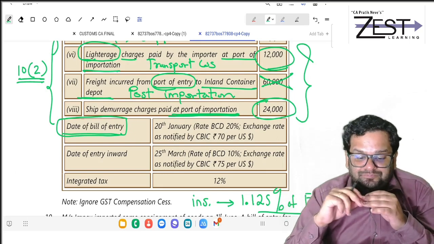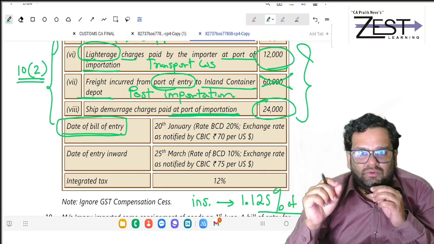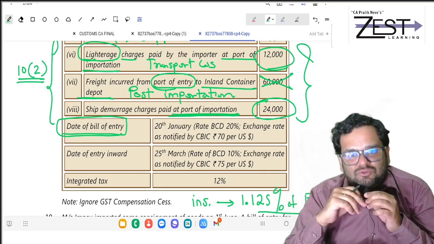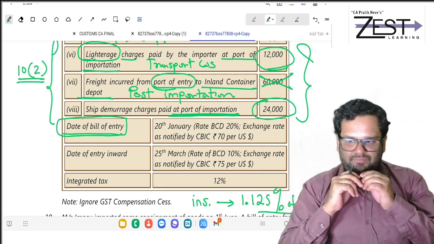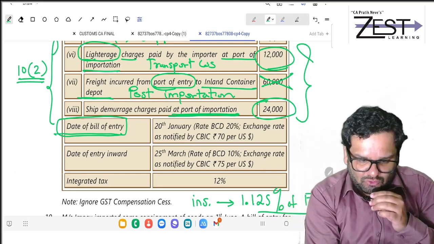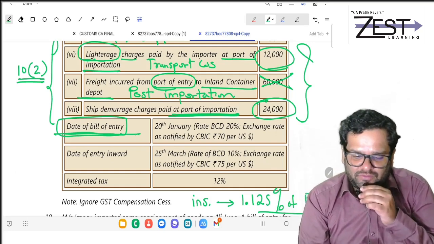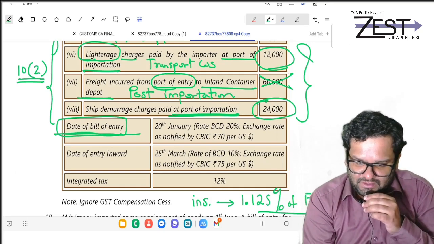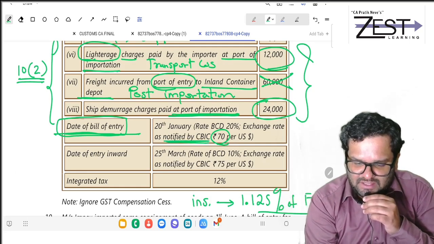For getting that CIF, in between you will have to convert something into rupees. Which rate of exchange will you apply? You will apply the rate of exchange as on the date of bill of entry, which is 70, notified by CBIC.